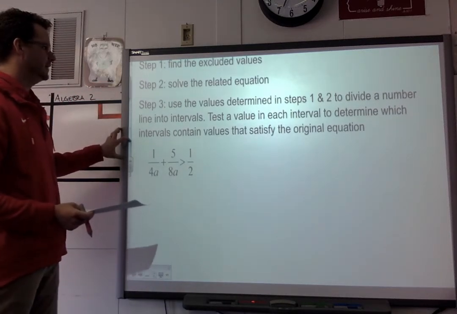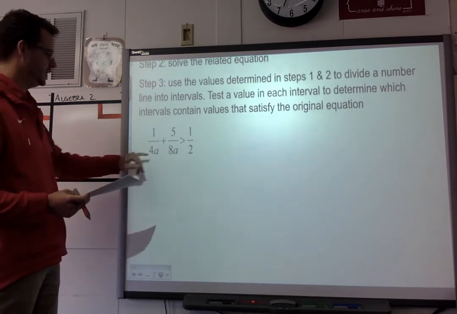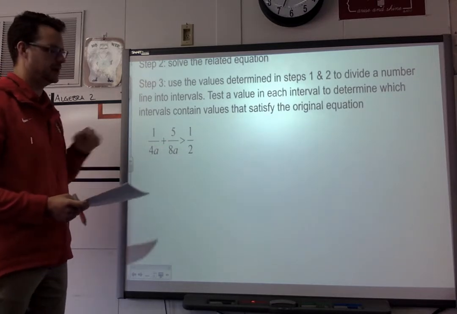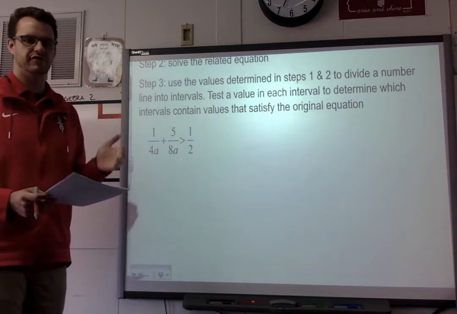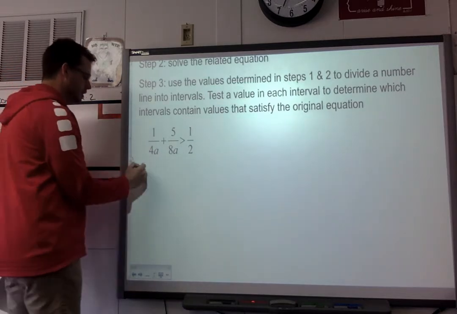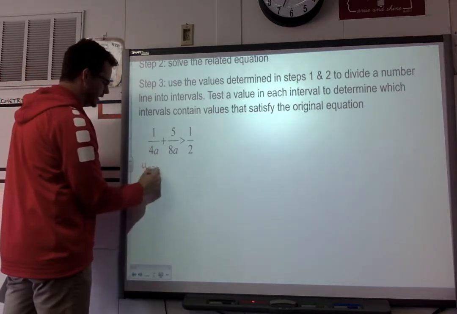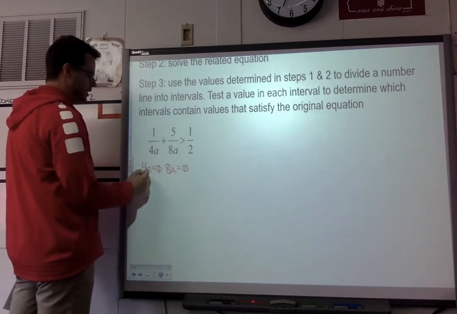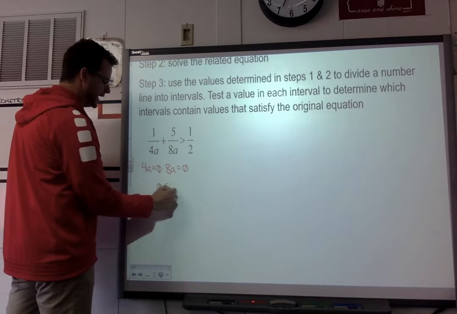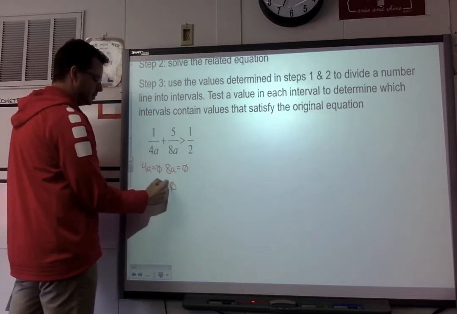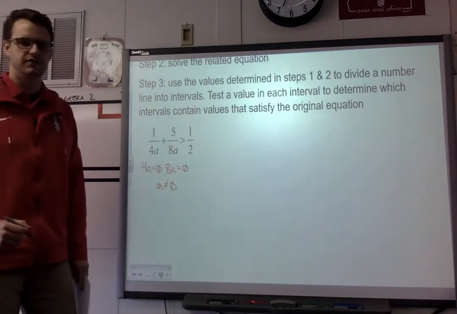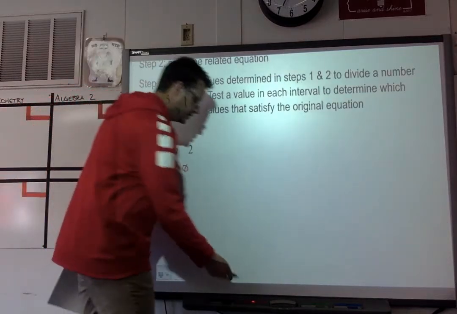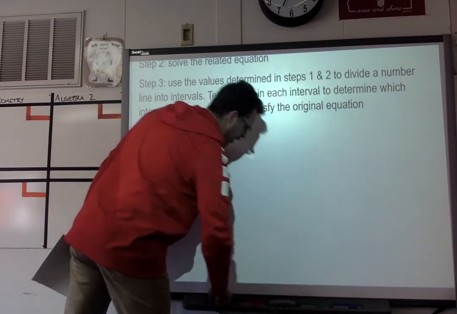In order to find the excluded values, we need to set each of the denominators that includes a variable equal to 0. So here we would say 4a equals 0 and 8a equals 0. These will both come out to a equals 0, meaning that that is our excluded value. A cannot equal 0 because that would leave us with an undefined inequality.